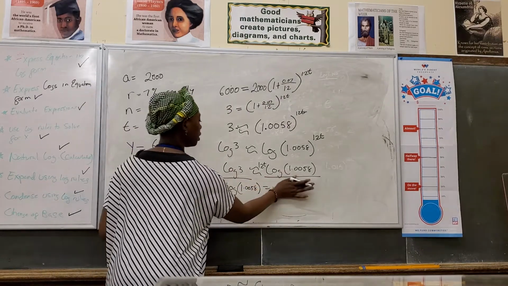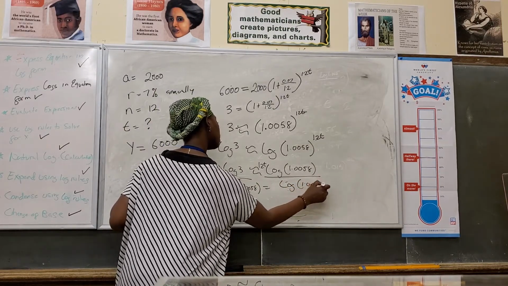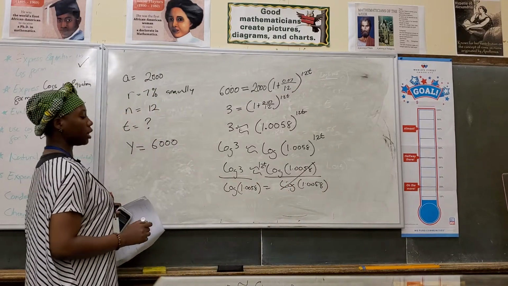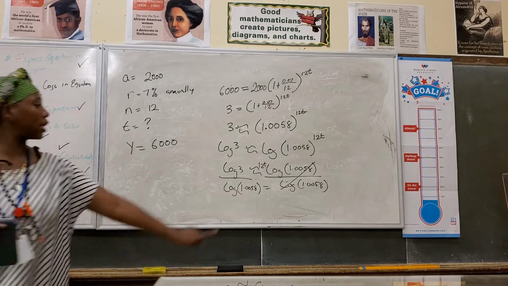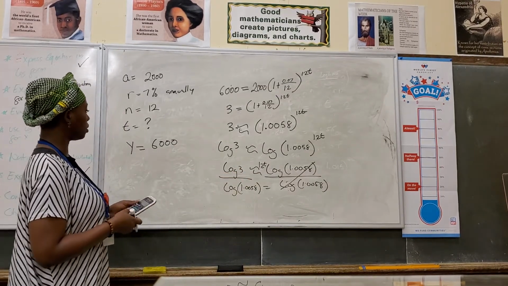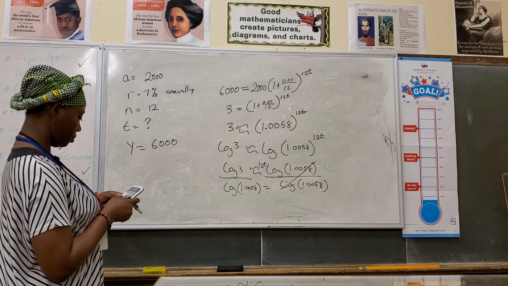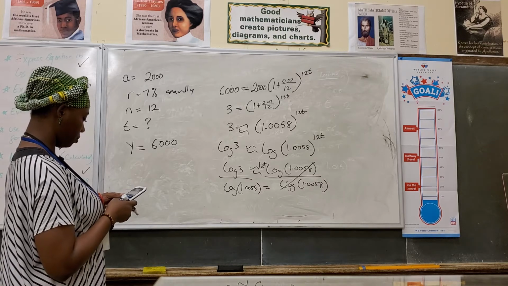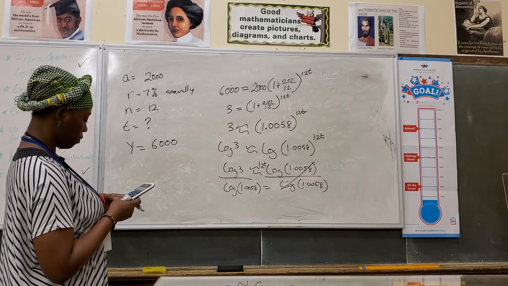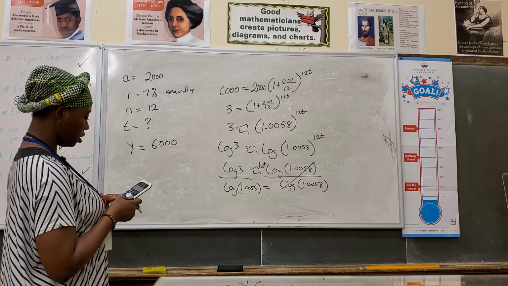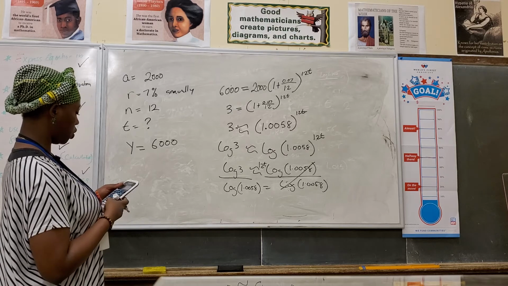Leaving me with 12t. And then I go ahead and do this, and once I'm done with that, I divide by 12 to get t by itself. So log of 3 divided by log of 1.0058, close parenthesis, and then I'm just going to divide that by 12 in one shot so I don't approximate.